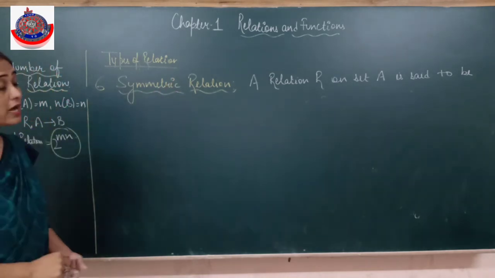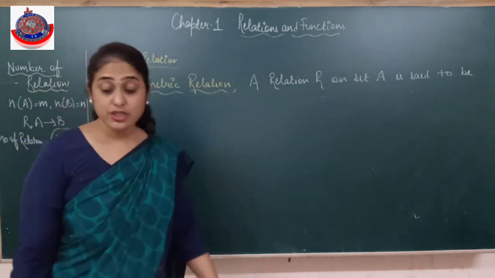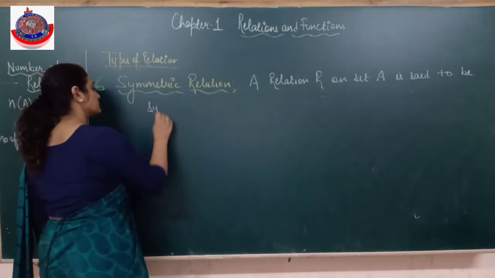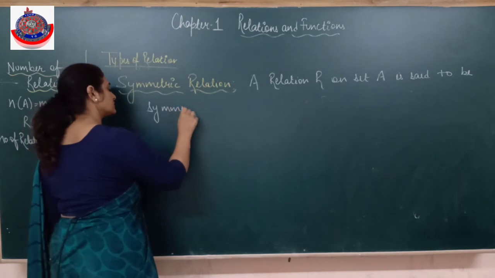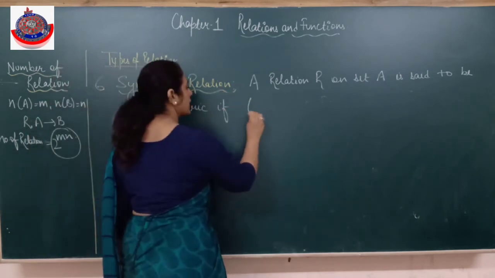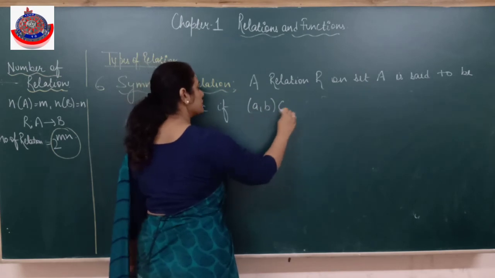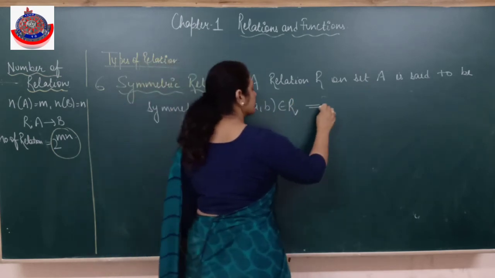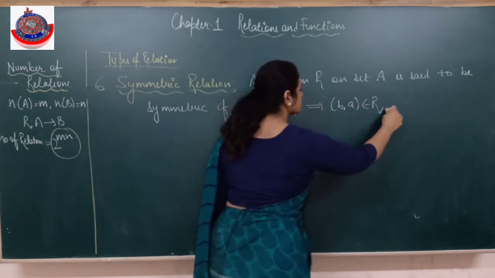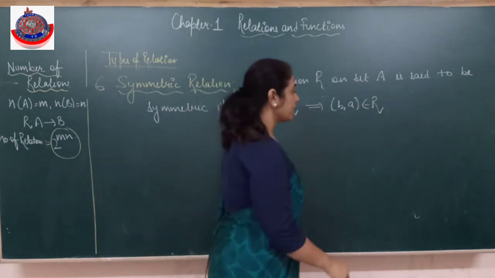A relation R on a set A is said to be symmetric if (a,b) belongs to R implies that (b,a) also belongs to R, where a and b belong to A.